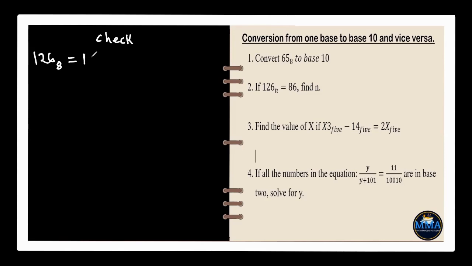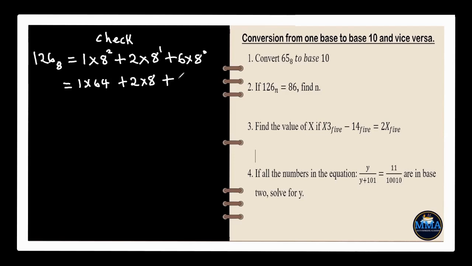So this will be 1 times 8 raised to power what? 2 digits are left, that is raised to power 2, plus 2 times 8 raised to power 1, plus 6 times 8 raised to power 0. So this is 1 times 64 plus 2 times 8 plus 6 times 1.